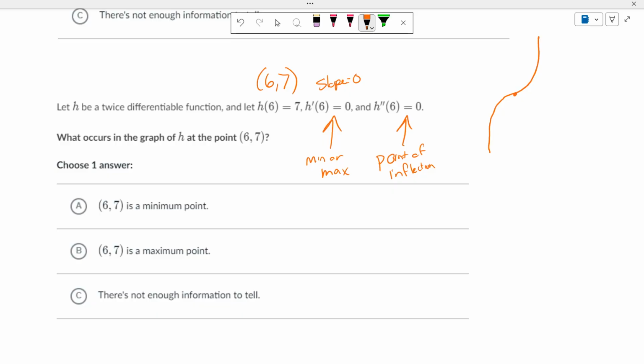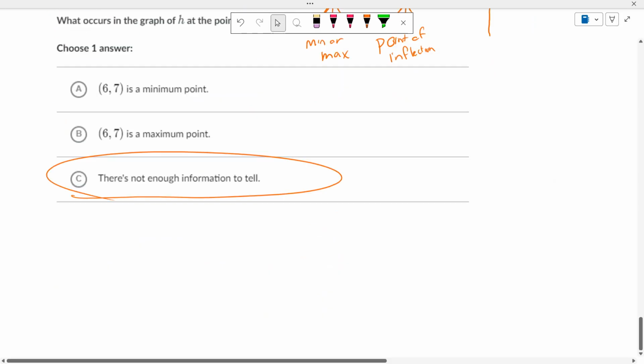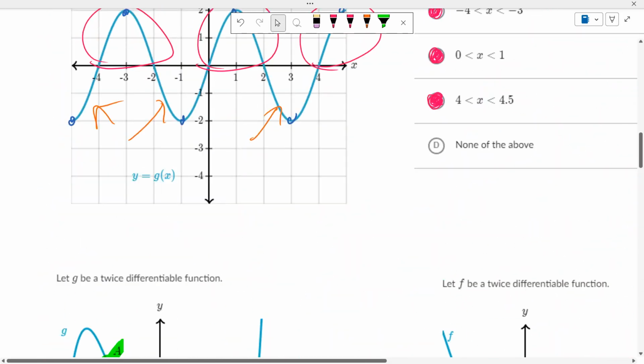So is that a min or a max right there? No. So there's not enough information to tell. We don't know if it's a min or a max, and we're pretty sure it's neither. It flattens out so it's horizontal right here for an instant. But then it continues to go up or it continues to go down. We can't tell. Okay? So that is that.